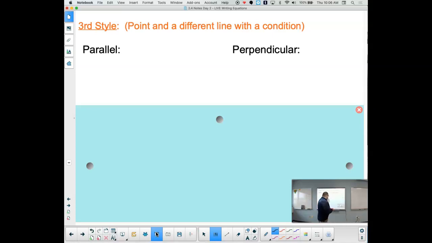Remember, parallel lines have the same slope.